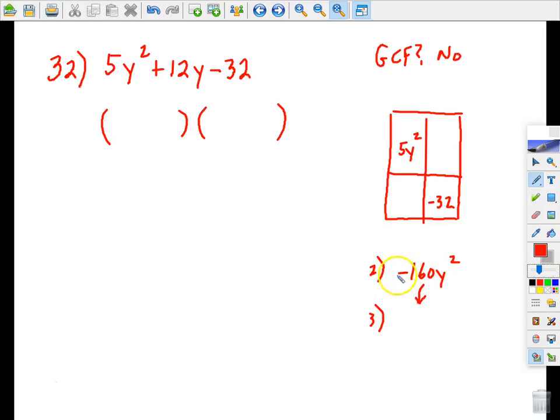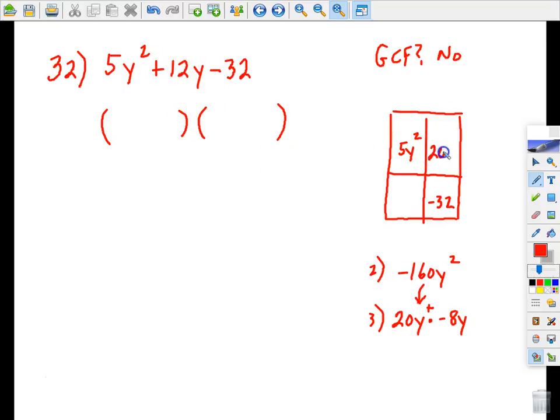Run through all the factors of negative 160y squared, but hopefully you'll eventually come to 20y times negative 8y. When I multiply those together, I will get negative 160y squared. When I add these together, I will get positive 12y.